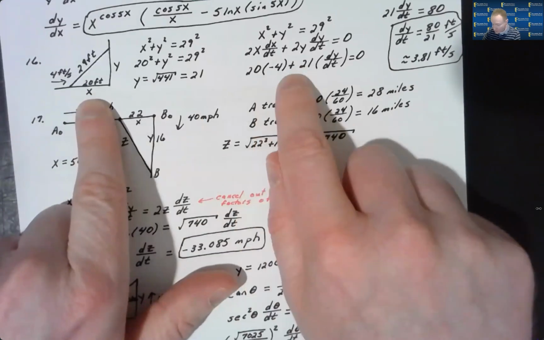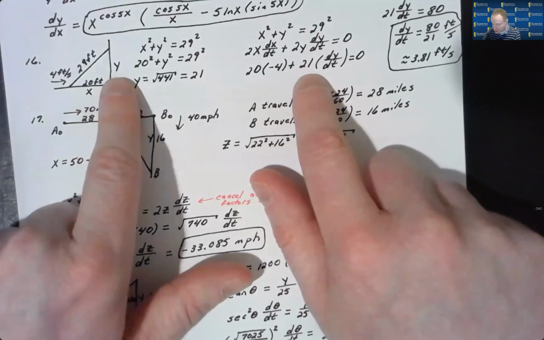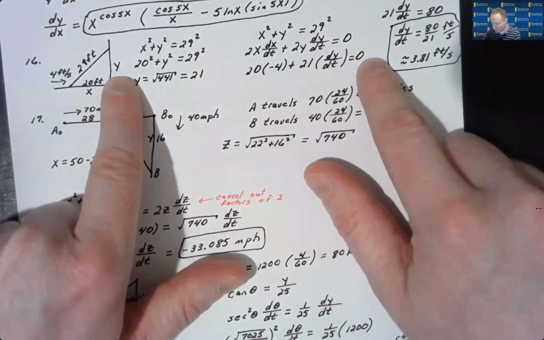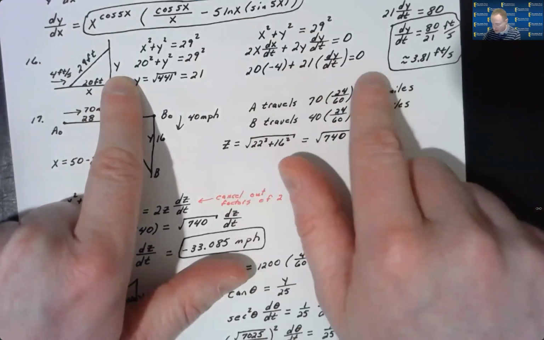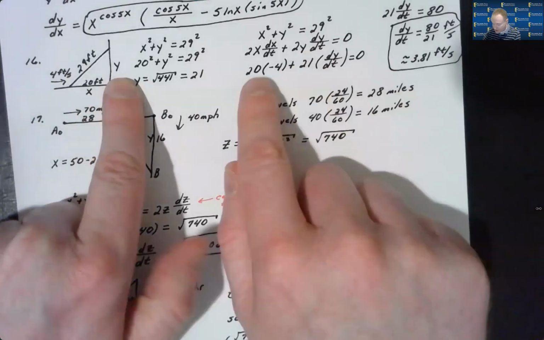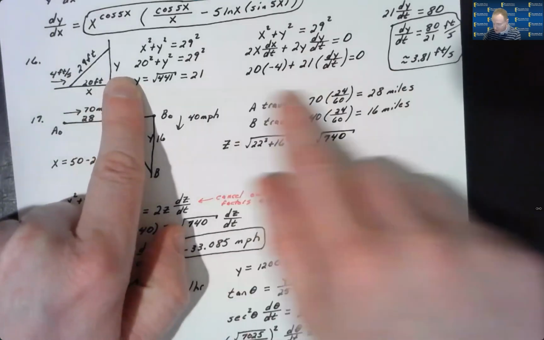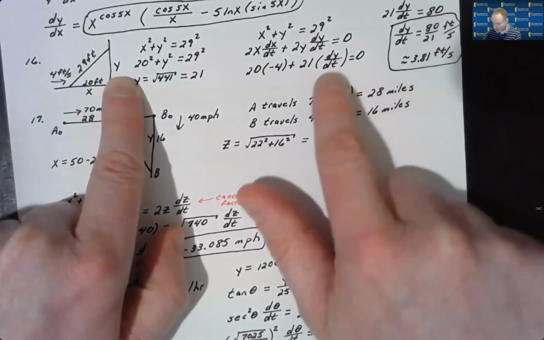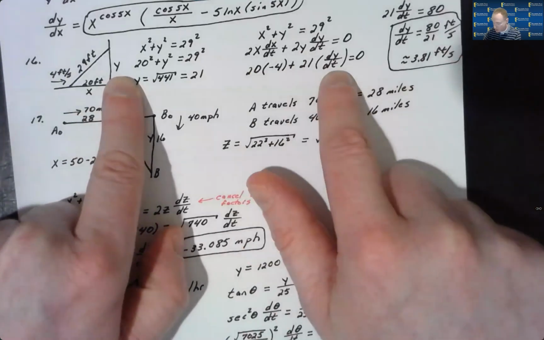Now, plus the y value here, 21, times dy/dt, which is what we're solving for, has to equal 0. In order to solve for dy/dt, you could move the 20 times negative 4 to the right-hand side. When you do, it becomes a positive 80. And then you would divide by the coefficient of dy/dt, 21.